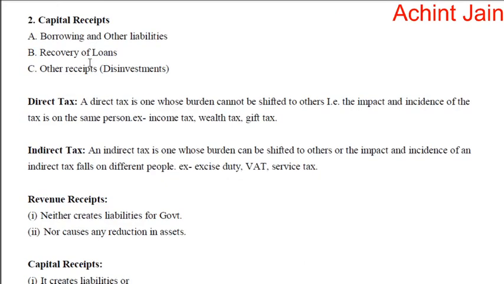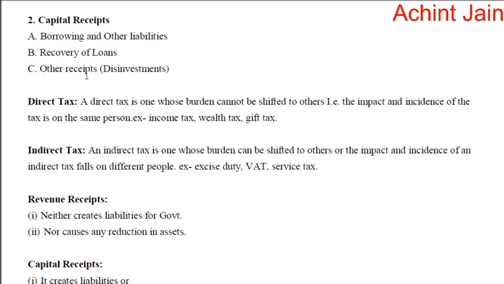Capital receipts are those receipts of the government which create liabilities or reduce financial assets. Capital receipts are obtained by the government by raising funds through borrowings, recovery of loans and disposing of assets.